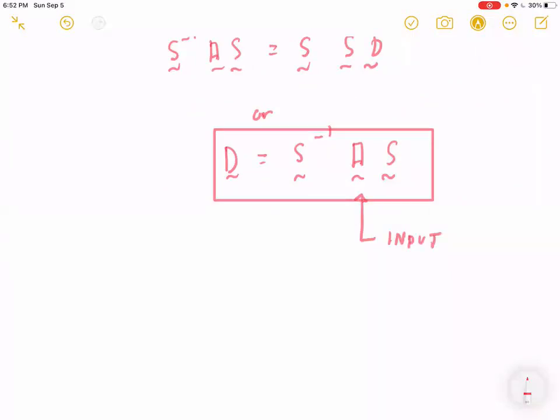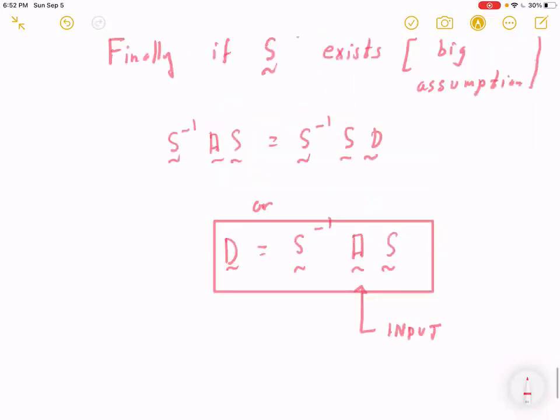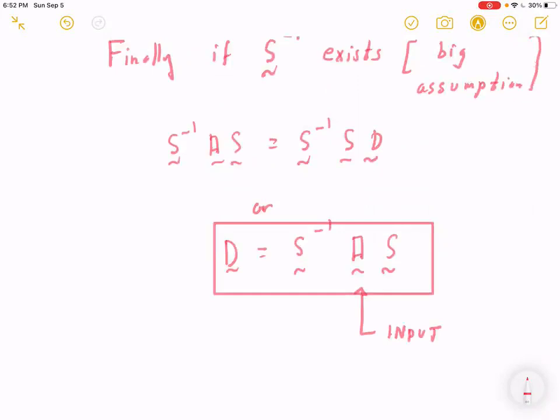You can build from it a matrix S, assuming S is invertible. Then you can perform the matrix multiplication prescribed on the right-hand side of this, and you'll get as output a diagonal matrix. When you use this formula, you are in fact diagonalizing a matrix.